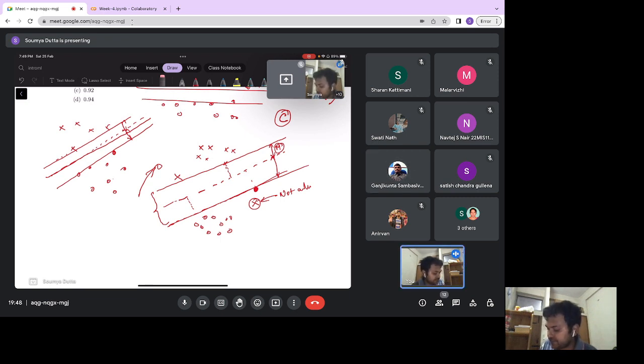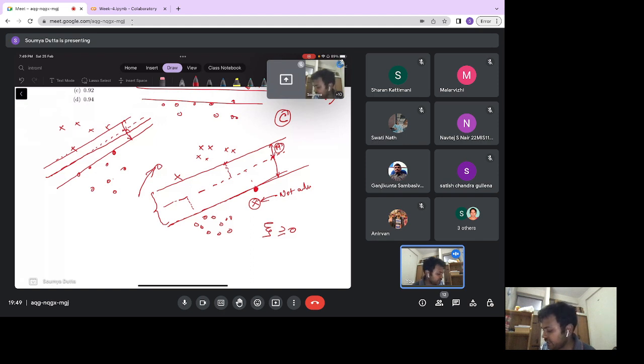So they introduce, if you remember, certain variables called slack variables, denoted by zeta, and the value of zeta is always greater than or equal to 0. If zeta turns out to be 0, that means this particular point is correctly classified.